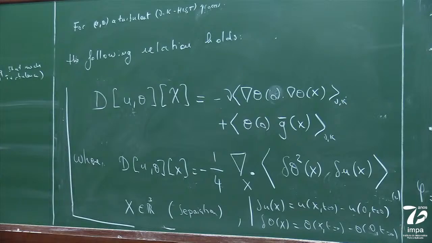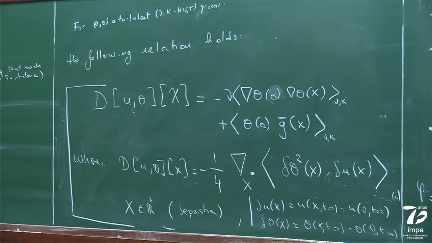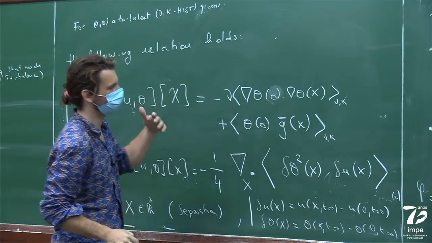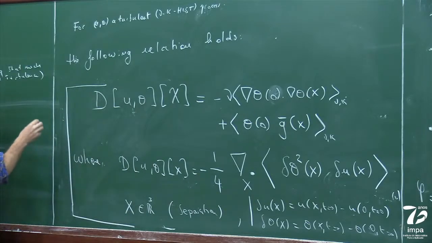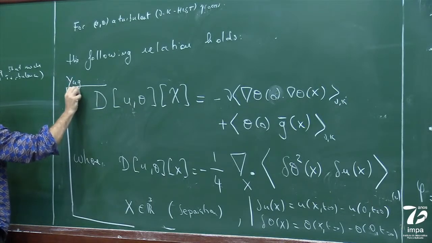Okay, and this is also sometimes referred to as the Karman-Howarth-Monin relation for the scalar, but there is one other name attached to it. It's Yaglom. We call it a Yaglom relation here.